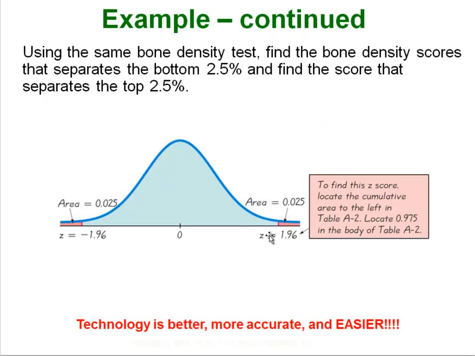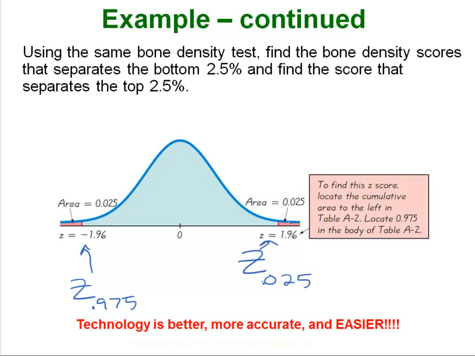So in this example here, that would have been z sub 0.025, right? That would be that z-score there. And then this z-score there would be z of 0.975, because that's how much area it has to the right.